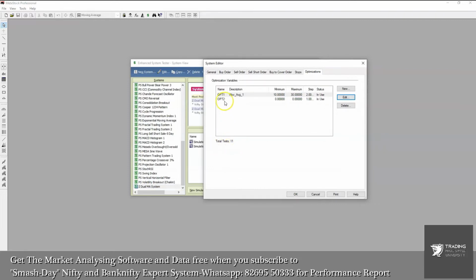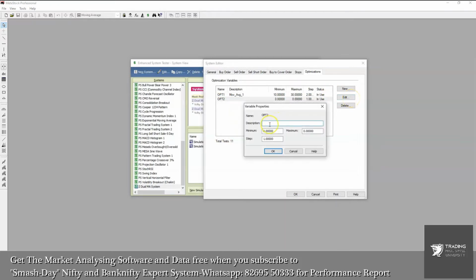It is showing. And we also have to optimize the second parameter here. So we are selecting it and editing it. We are giving it a name as moving average 2, and its minimum value, say we do it from 50 till 100, and in steps of 10, like 50, 60, 70, 80, 90 and 100.